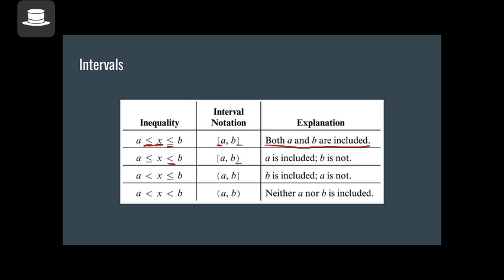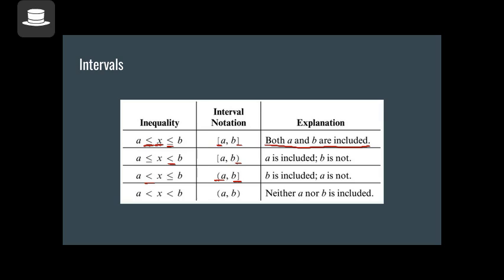Same thing here, just on the opposite side. A is not included because we have a parenthesis and we have a less than sign. B is included because we have a bracket. Okay, so say b again is 5, then x could be anything up to 5, but it's never going to be whatever a is.